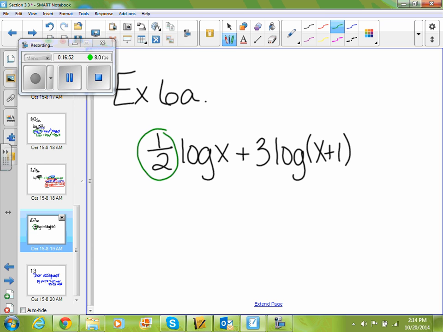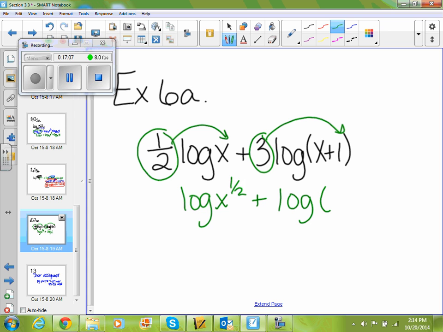So I'm going to take these multiples and I'm going to roll them up into being exponents. So then I would end up with log of x to the 1/2 power plus log of x plus 1 cubed. Those become my new exponents.